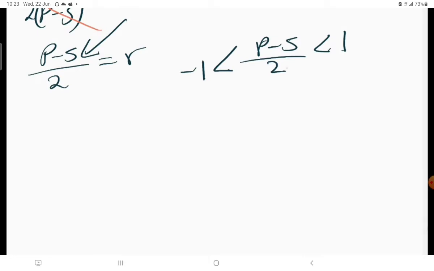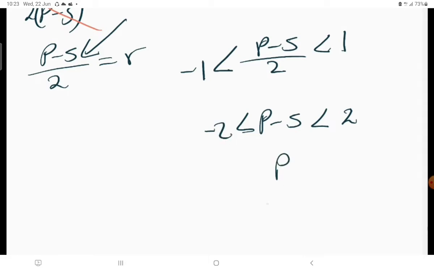First we need to get rid of the denominator by multiplying each term by 2. You will be left with p minus 5 in the middle, then on one side 2 times 1, which is just 2, and on the other side negative 2 times 1, which is negative 2.